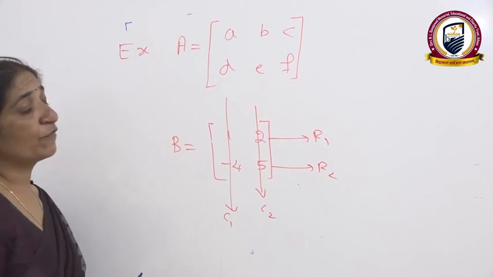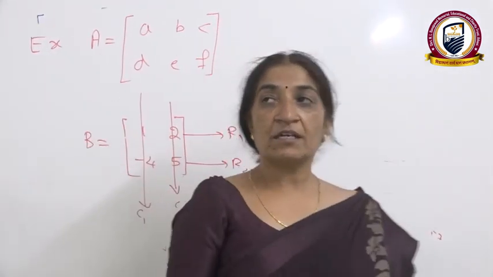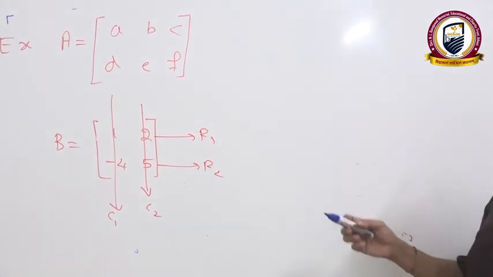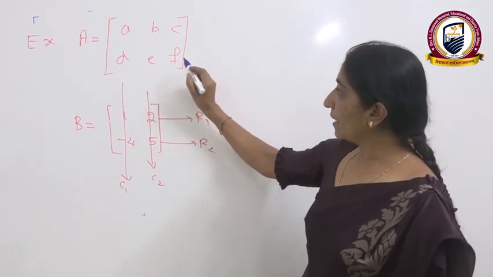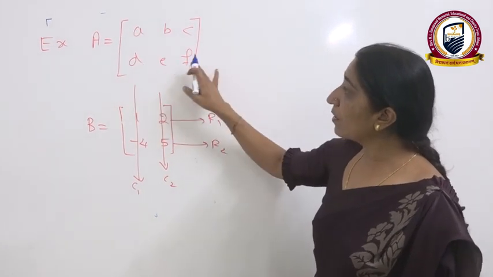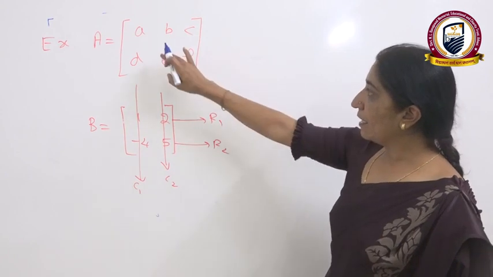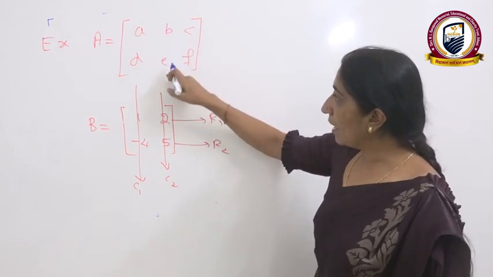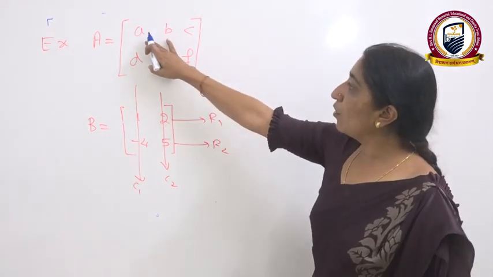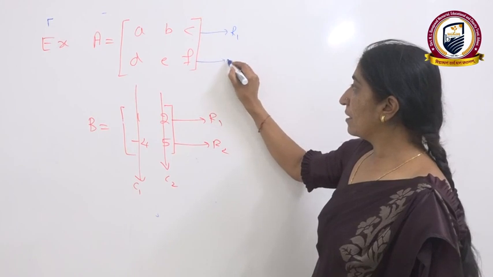After the definition of the matrix, we come to the order of the matrix. What is the order? On the right bottom corner, we write how many rows and how many columns are present. How many rows do we have? The first one R1, this is R2.